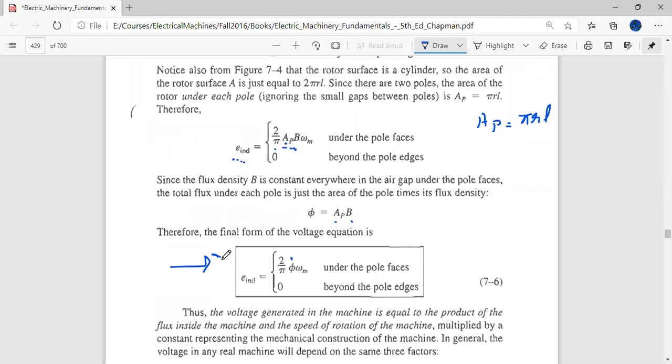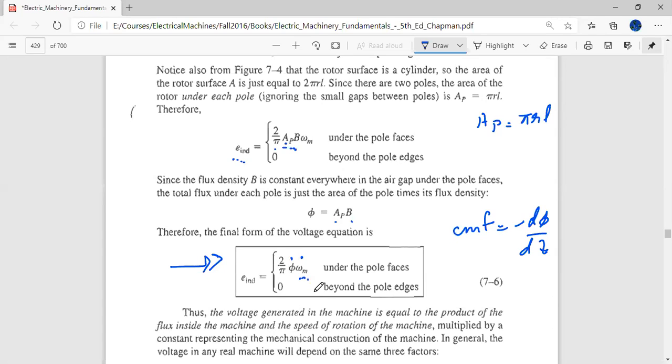So this is a very simple result derived in a very simple way, but it gives you an idea that induced EMF is a function of some constant times the flux of the machine times the rotating speed of the machine, because you know that induced EMF is equal to minus the rate of change of flux. The rate at which the flux changes depends on the angular speed of the rotor of this machine, because that governs the way in which the flux is changing inside the loop.